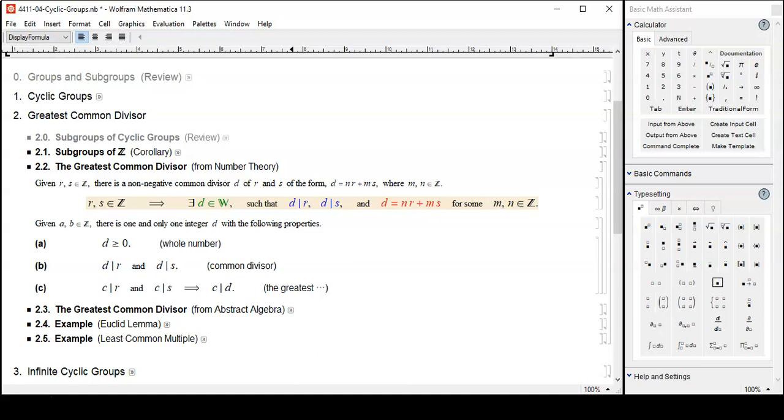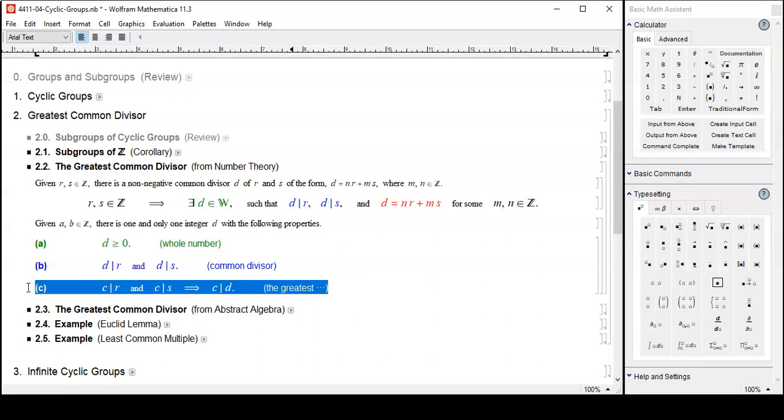Now that d exists, we can consider its properties. First property, these are whole numbers, so d is greater than or equal to 0, that's clear. And it's a common divisor, so it divides r and divides s. Yeah, that too is clear, just paraphrasing green and blue. Now this one, that's a little bit different. It's not immediately clear why this linear combination is related to this.